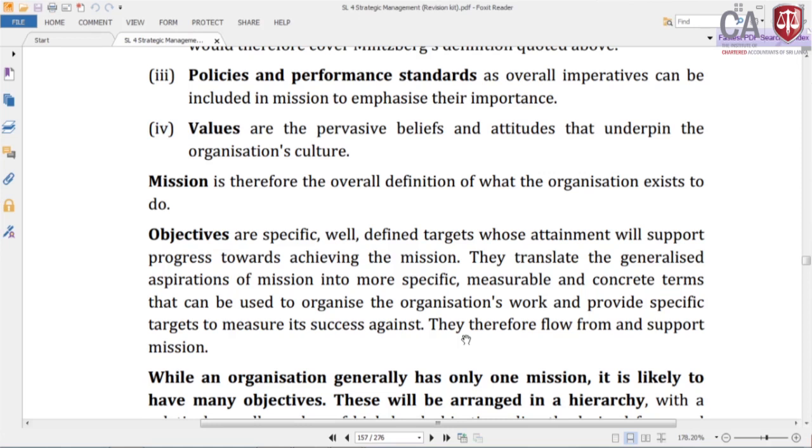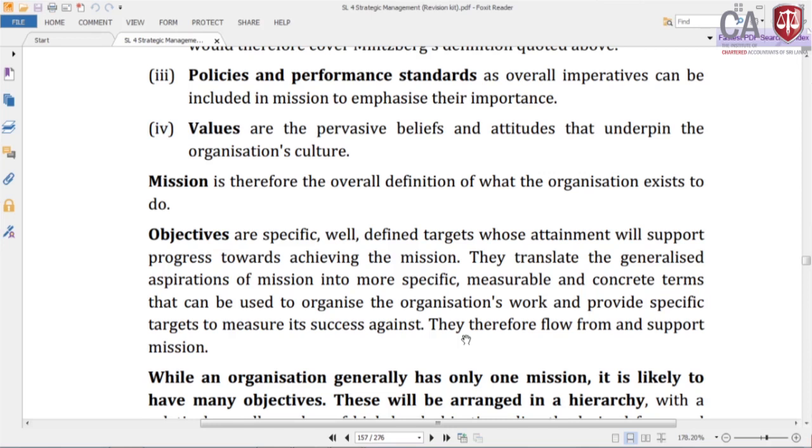Then objectives, look at the objectives. Objectives are specific, well-defined targets, whose attainment will support progress toward achieving the mission.